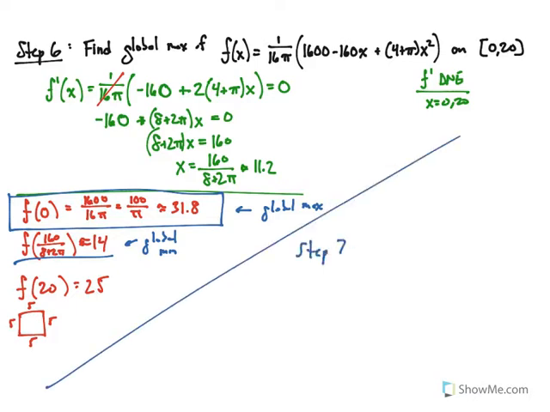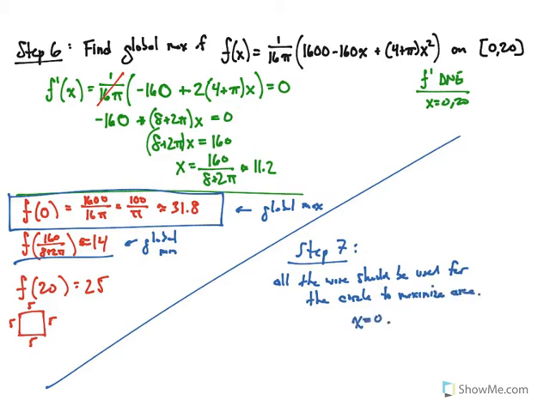Step 7, all the wire should be used for the circle to maximize area. That is, we should have x equals 0.